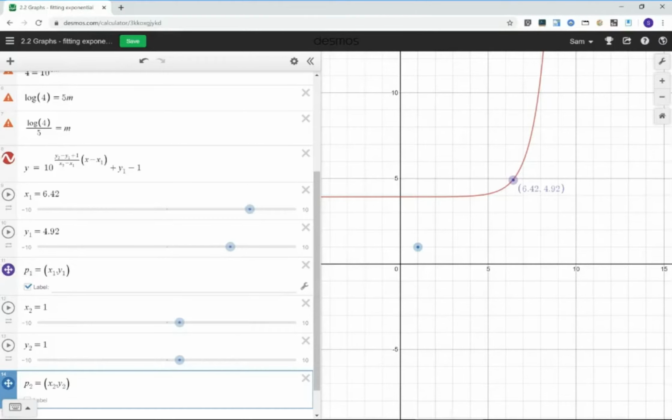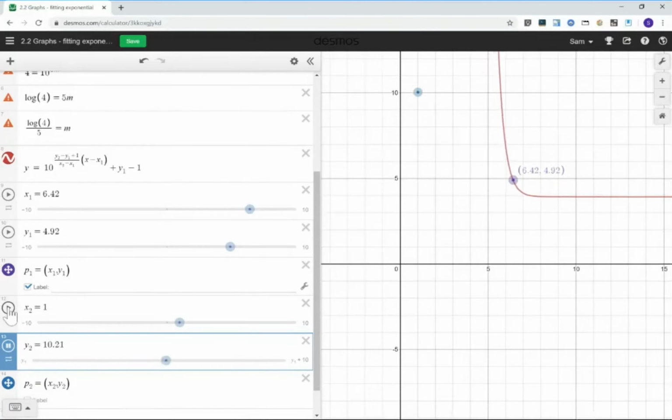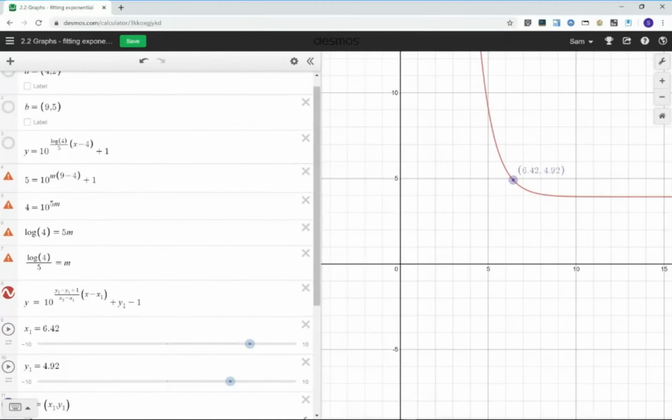Okay, what I need to do is make sure that my second y value is greater than my first. This is not going through the point, so let's figure out what we've done wrong. I've got the difference in the y values, difference in the x values.